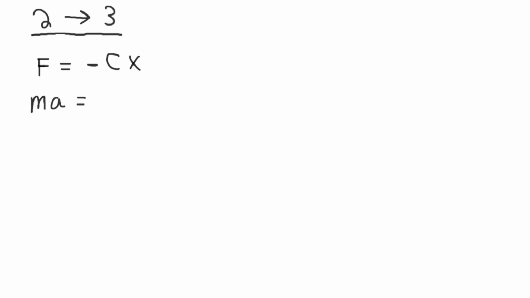So MA is equal to negative C times X. Or, dividing both sides by M, we get A is equal to negative C divided by M times X. And then we can do another simplification, and call this C over M another constant. We'll just call it C2.